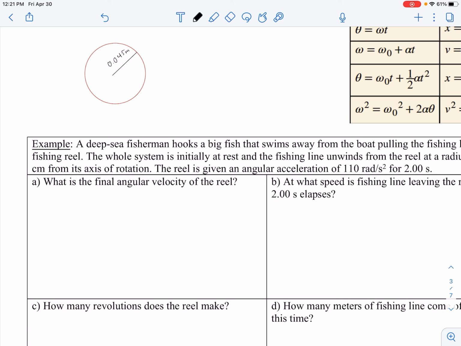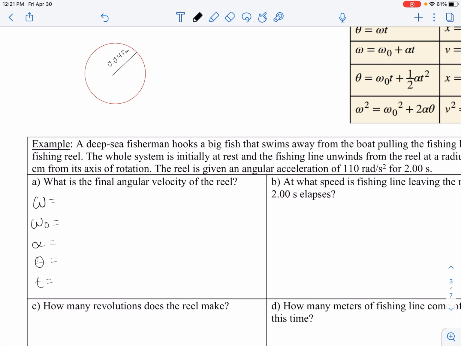One thing that we would do a lot in kinematics is just write out what we know and what we don't know. So we can establish that. We just create a little table. What's our final angular velocity? What is going to be our initial? What's our angular acceleration? What is the rotational angle?